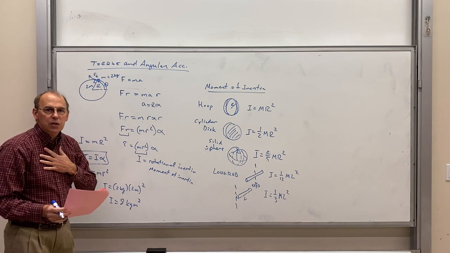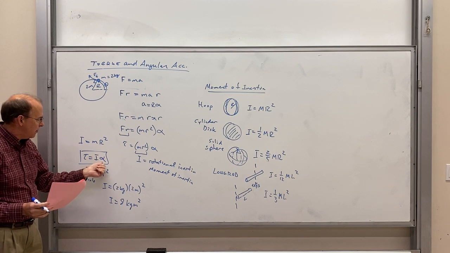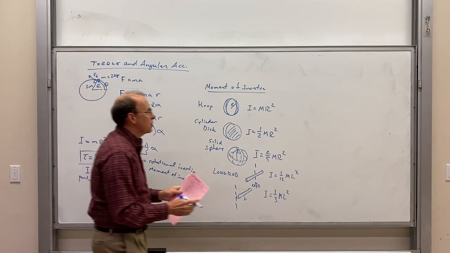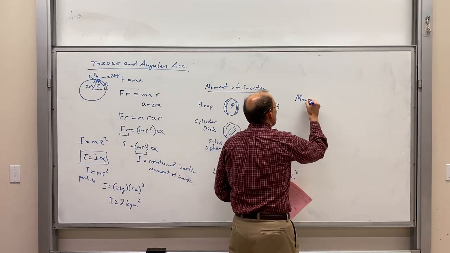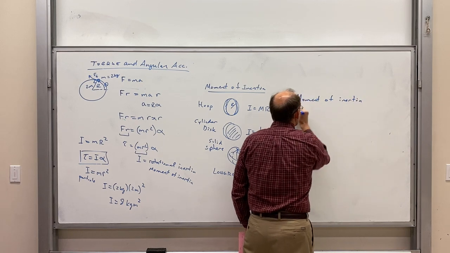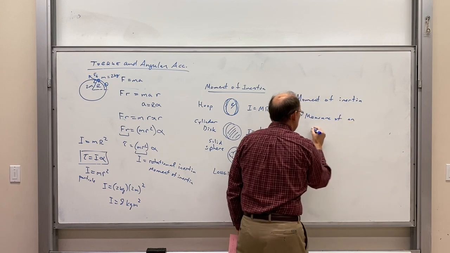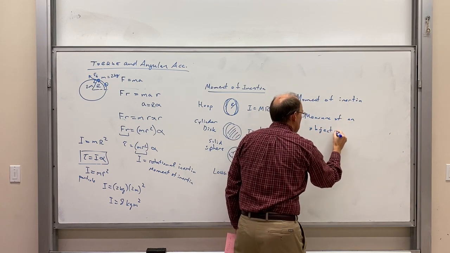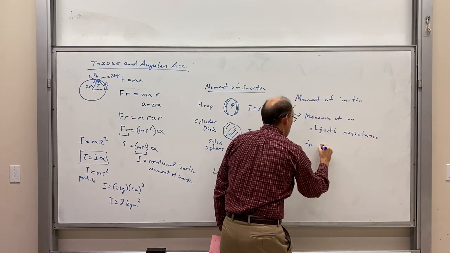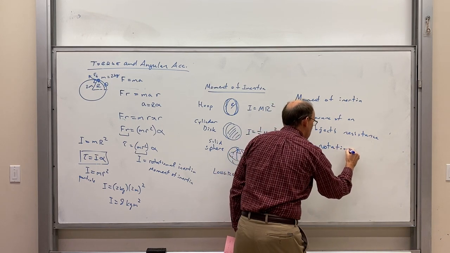This tells me something conceptually, because this I tells me something about torque and alpha. It's inertia, resistance to rotational acceleration. I, moment of inertia, is a measure of an object's resistance to rotational acceleration.